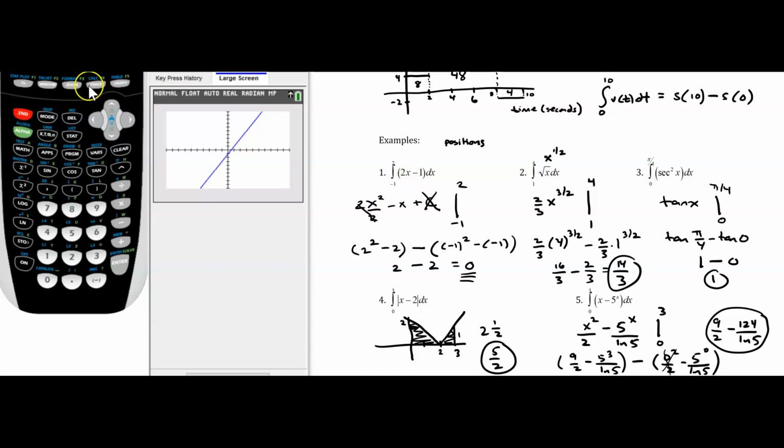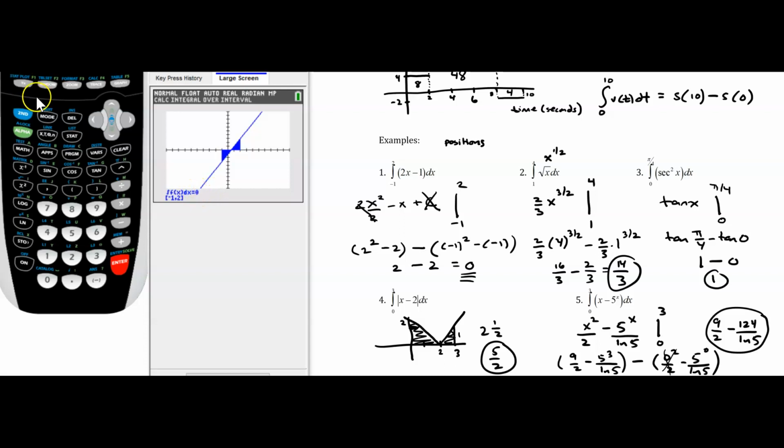So you could press second trace to go into that calc menu, and it's number 7. So it doesn't look like a definite integral, but it actually is. And our lower limit is -1, upper limit is 2, and it shades the area and then evaluates that area for you. So it says that that net area is equal to 0.